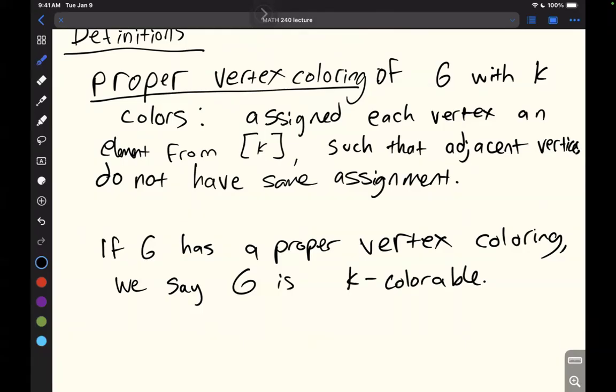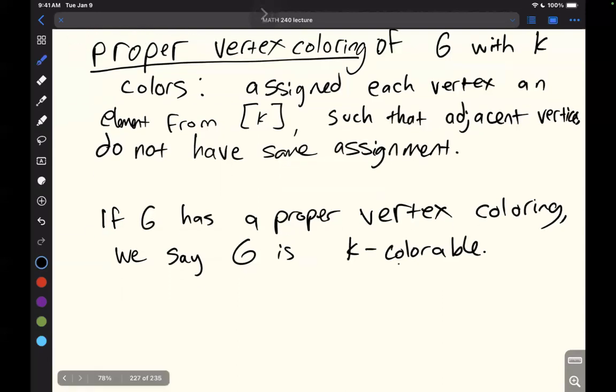So for our example, we colored G with red, purple, and green. That's 3 colors. So we say that G is 3 colorable. So that's our definition there.